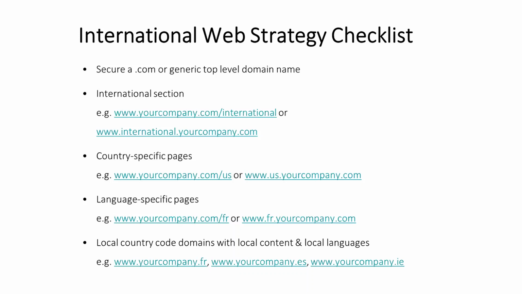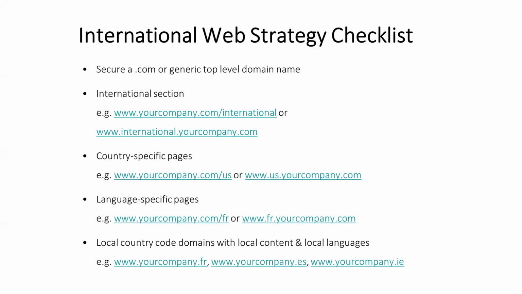So the first thing is to have an international domain strategy. I'm going to have another page coming up that will tell you what that means. Do you have international sections on your website? Do you have perhaps country-specific pages or language-specific pages? And do you have local country domains, codes, and local content and local language content in your website?